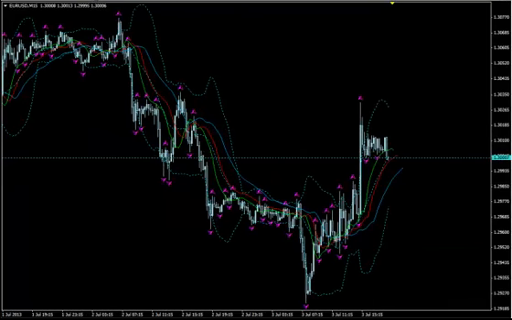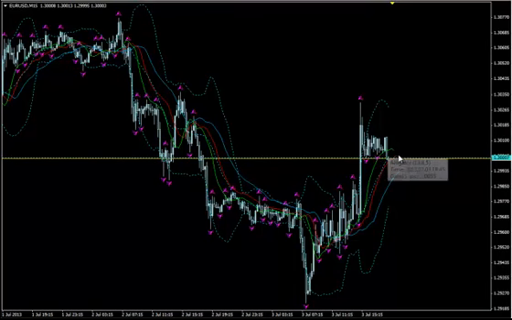Let's go to M15. M15 shows that leading alligator is slightly curved downwards. So the upper Bollinger Band is curved downwards also.